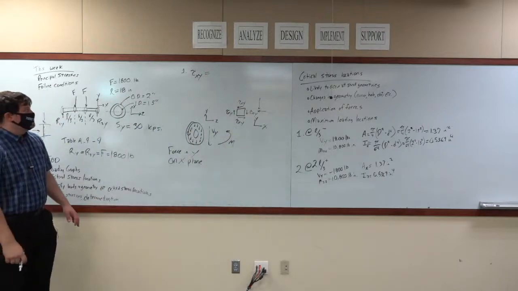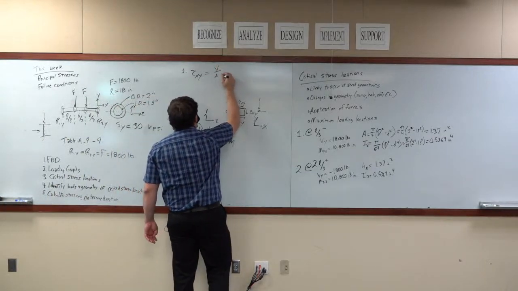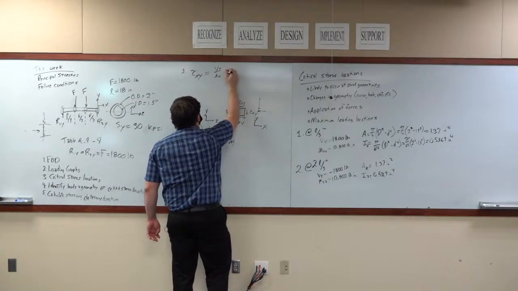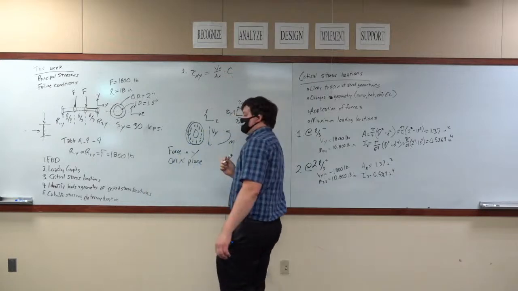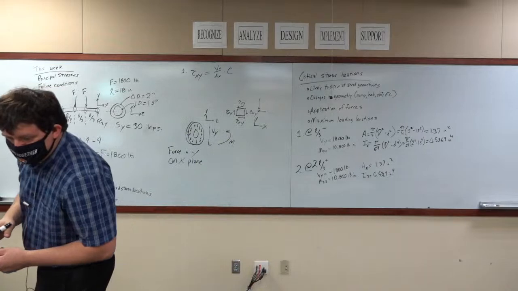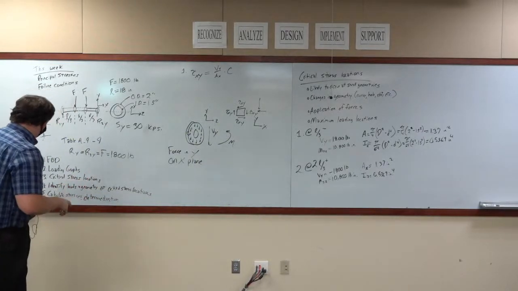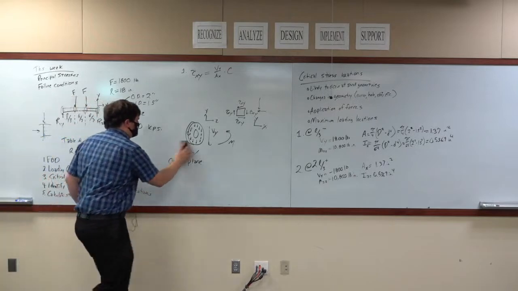Okay. The equation for shear stress is Vy over Ax times C, where C is a constant that you multiply this by to get the stress. So, I'm going to go ahead and erase this quick.